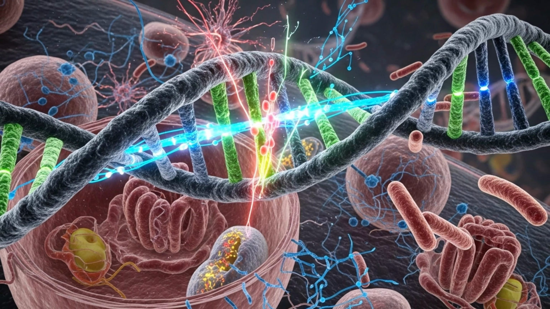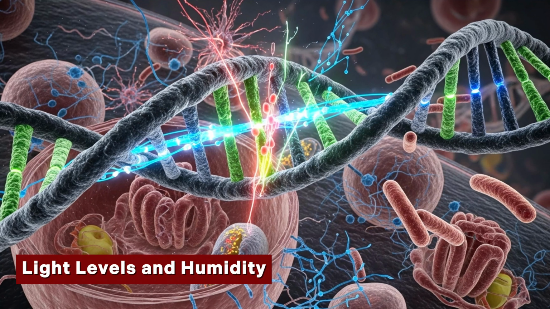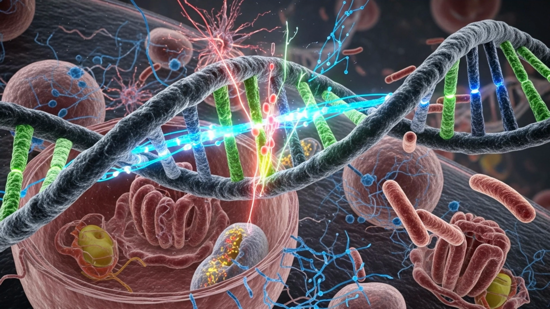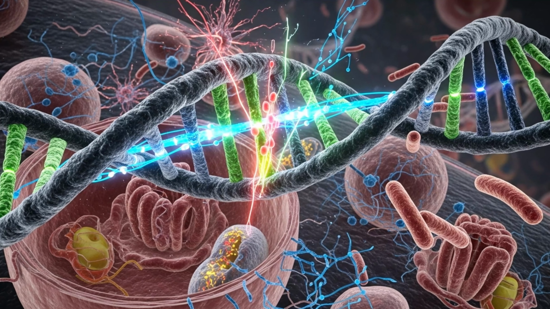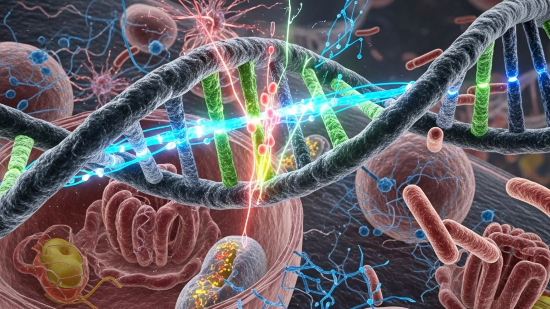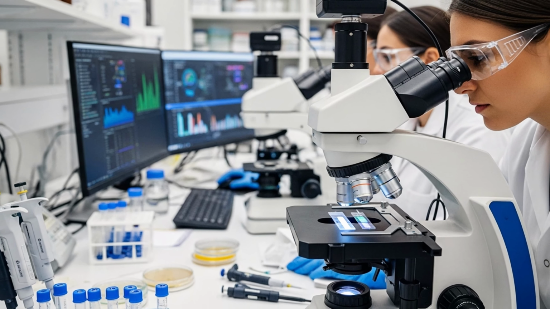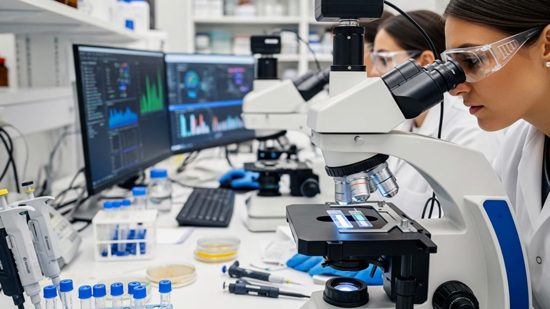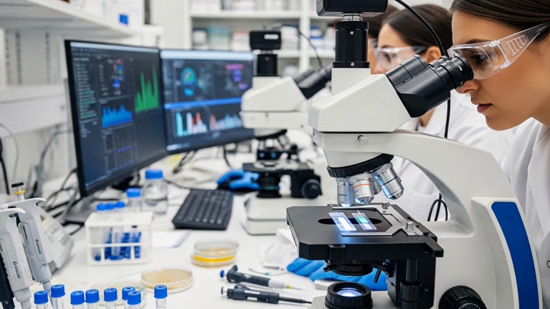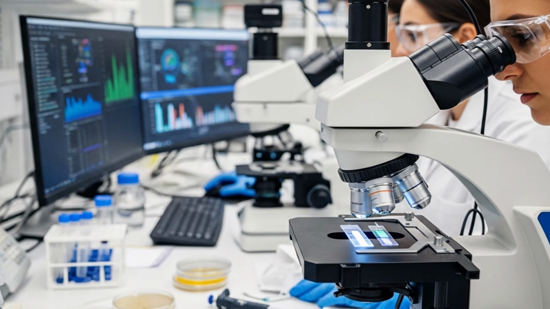One gene even helps the fungus sense light levels and humidity, syncing the takeover with perfect environmental timing. It's evolution's version of precision hacking. No magic, no mystery, just ruthless biology. This discovery pushed biologists to rethink what conscious control even means in living organisms.